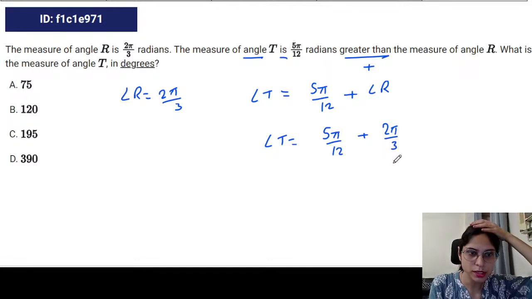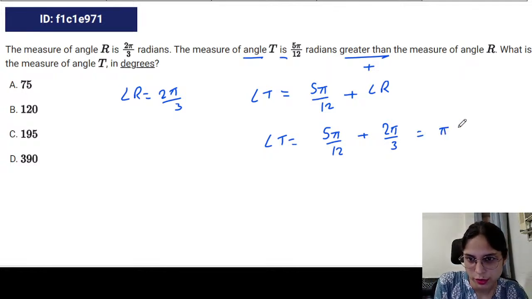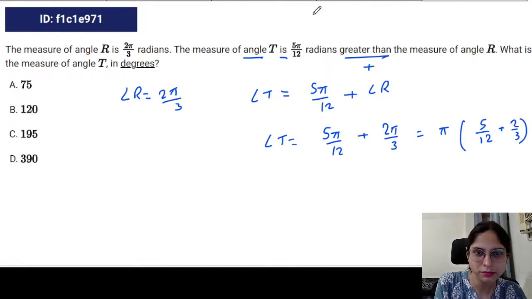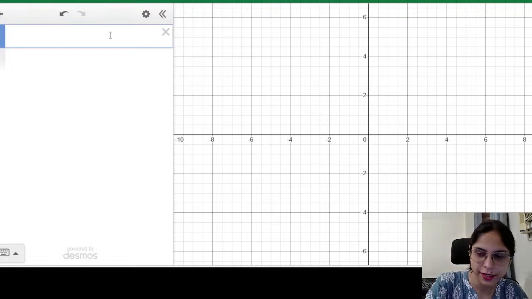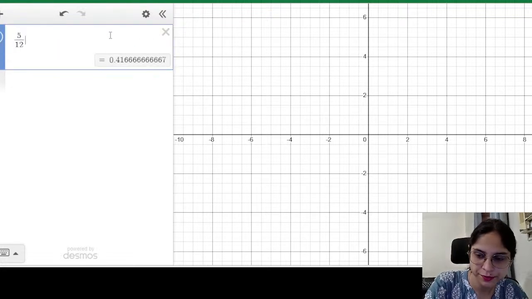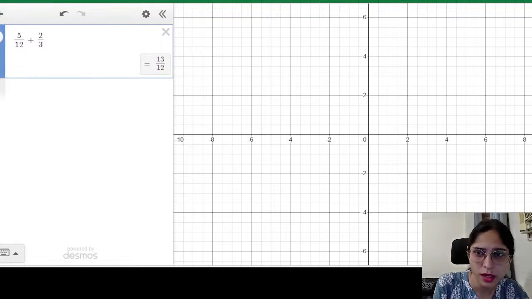Now they want to know what is the angle T in degrees. So basically I will just find out 5 over 12 plus 2 over 3 is how much. You can skip pi while you are finding the value. So 5 over 12 plus 2 over 3, 13 over 12.